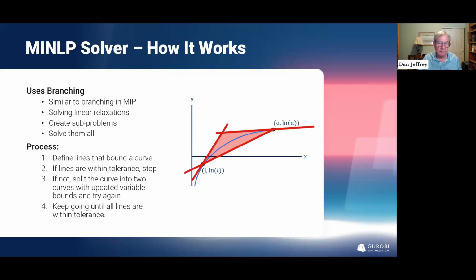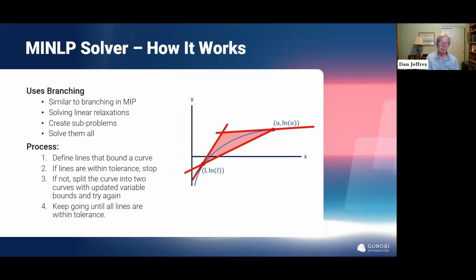So it uses a branching mechanism, much like we use in mixed integer programming. Just a quick review: when you're doing an integer program, you encounter a fractional value. Let's say you have for x a solution with value 3.5, and let's say x is an integer. So now you're going to branch on that.